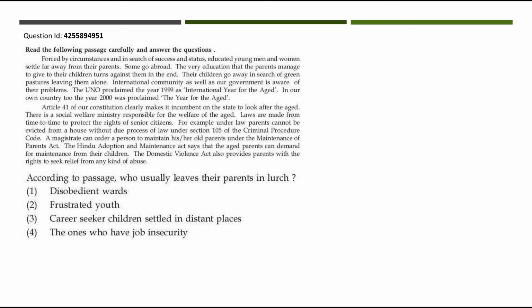Their children go away in search of green pastures, leaving them alone. International community as well as our government is aware of their problems. The UNO proclaimed the year 1999 as International Year for the Aged. In our own country too, the year 2000 was proclaimed the year for the aged.